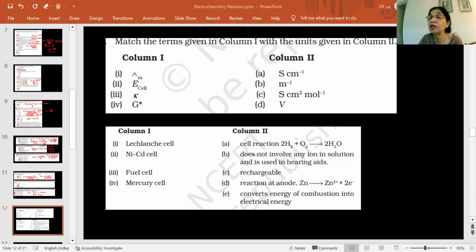What is the unit for E cell, Hari Haran? This G, you know, it is same. No, G is what? Anyway, if you know 3, you will know 4 also. I think G is for cell constant. This is cell constant.